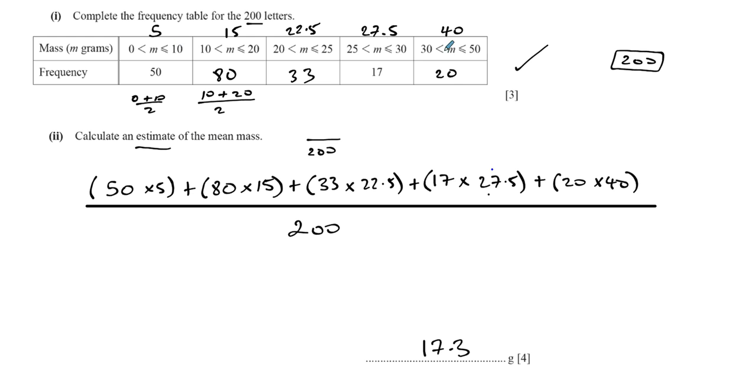If you get an answer of, say, 257 grams, there's no way that the mean mass can be 257 grams if the range of the masses is between 0 and 50 grams. So you have to be sensible about your answer. If the answer doesn't seem sensible, check what you've done wrong.